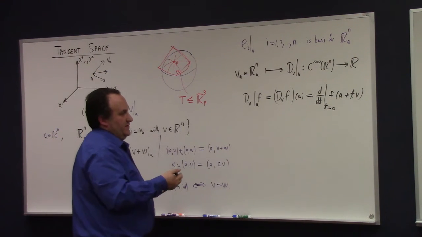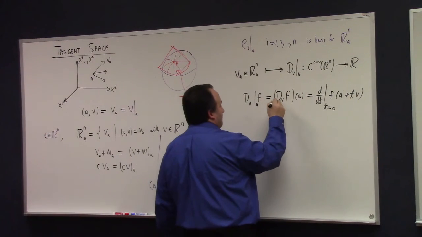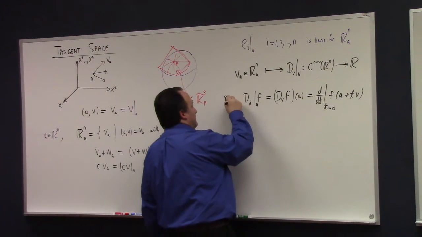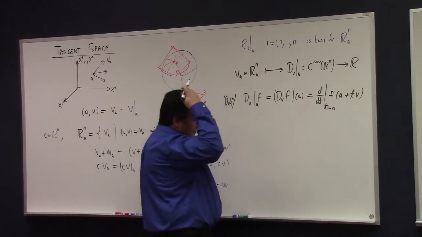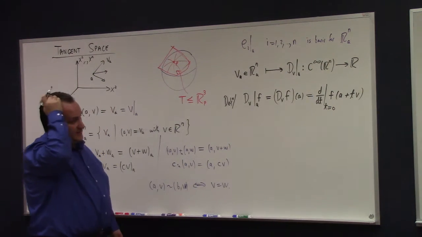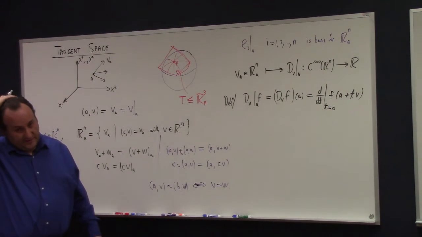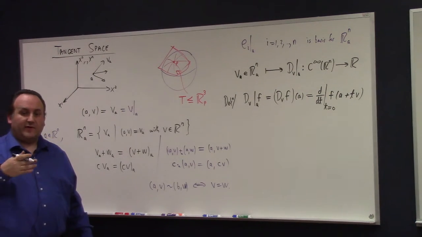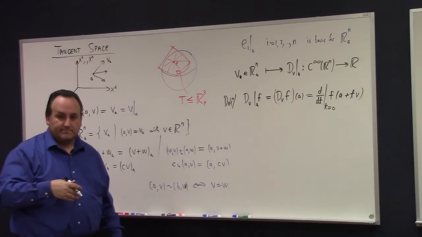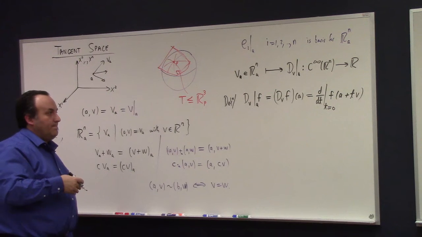So this is a definition, all right? You see, given a geometric tangent vector, we can define a corresponding differential operator.